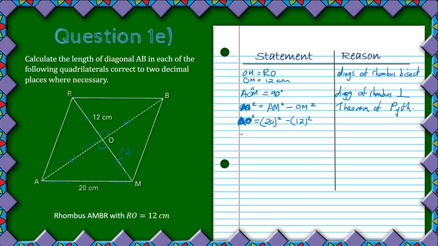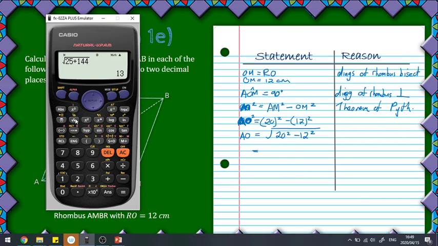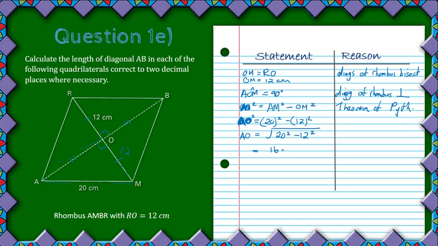Then AO is equal to the square root of 20 squared minus 12 squared. Let's do that on the calculator. So 20 squared minus 12 squared is equal to 16. And we are working with centimeters.